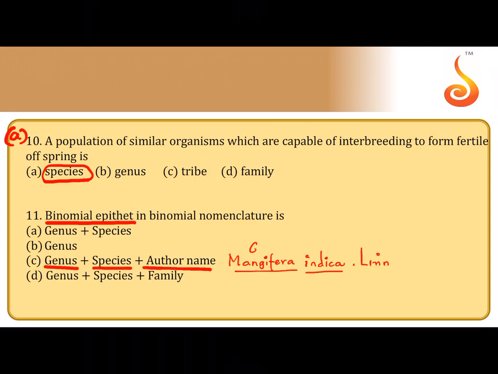Now here, this is the genus name, this is the species name, and the author who described it for the first time, his name is put in abbreviated version here, and this is what these three together constitute something called a binomial epithet. So the answer is C. 11th answer is C.